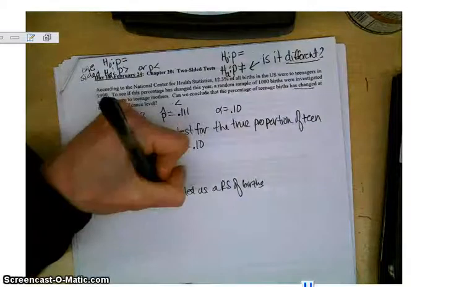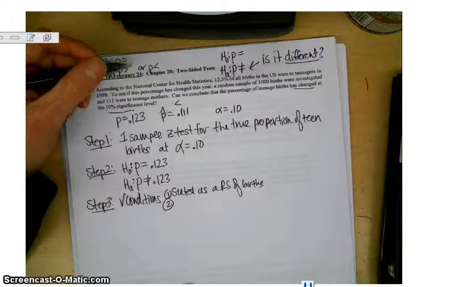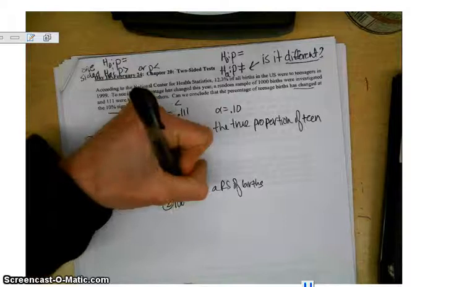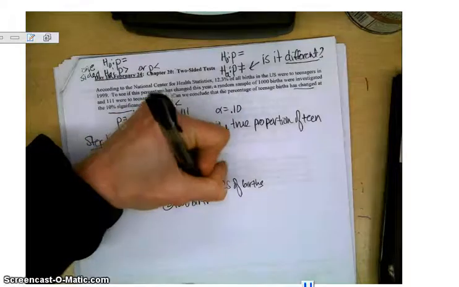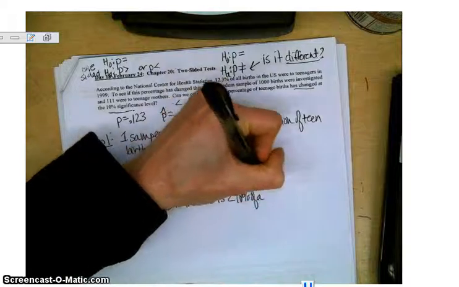All right, second, is 1,000 births less than 10% of all births? Yeah, we can assume 1,000 births is less than 10% of all births.